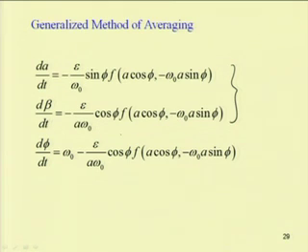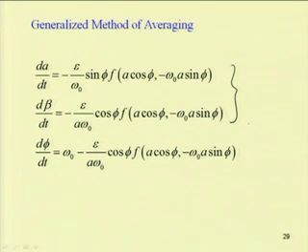Initially we have written d beta by dt equal to minus epsilon by a omega 0 cos phi this.